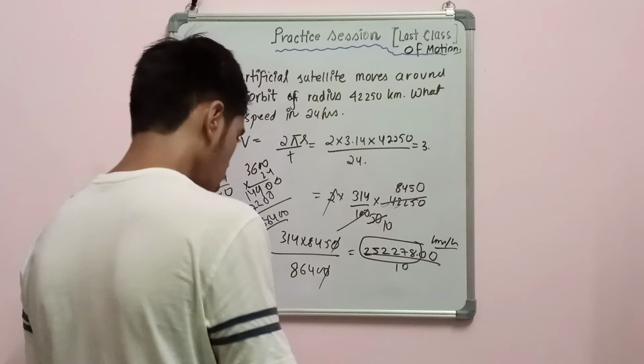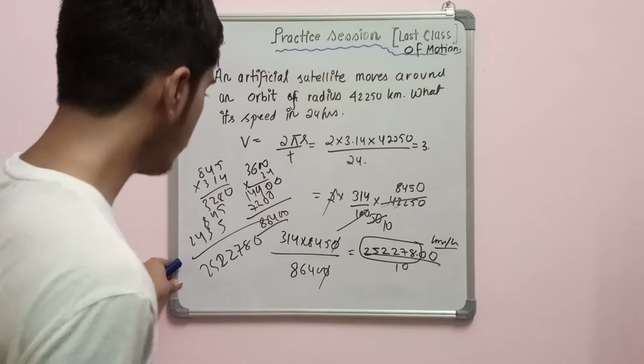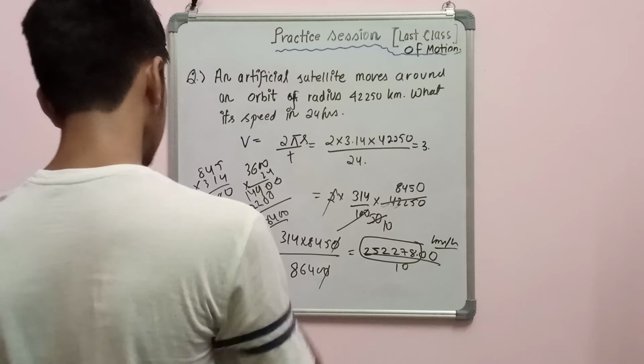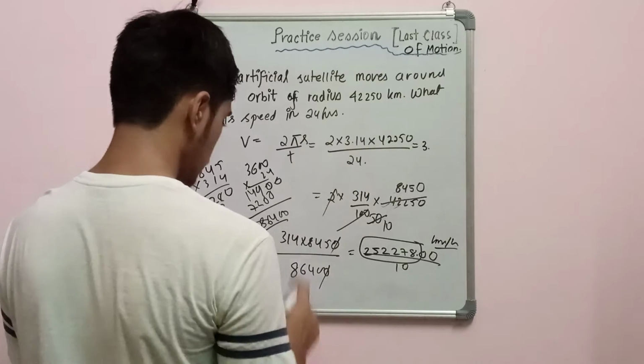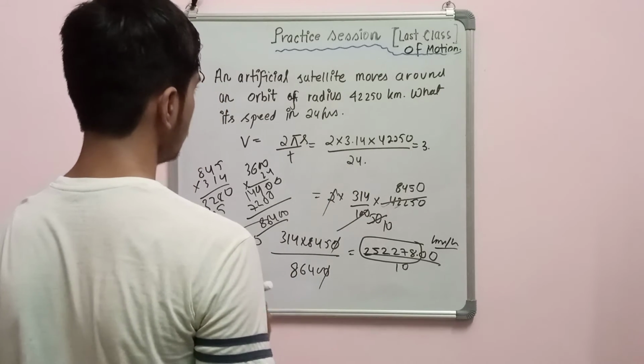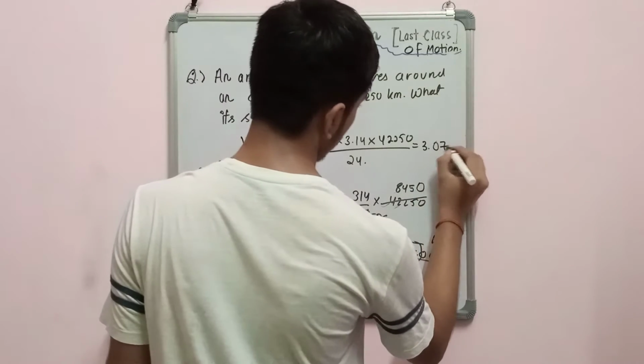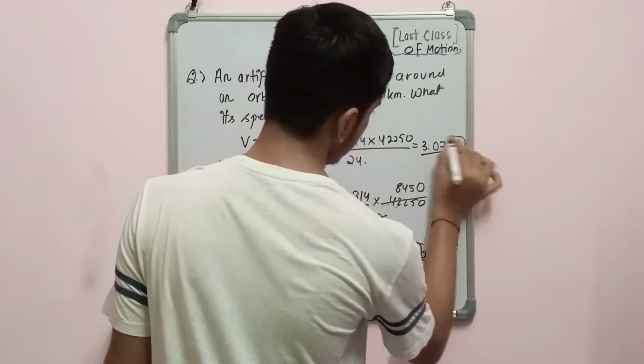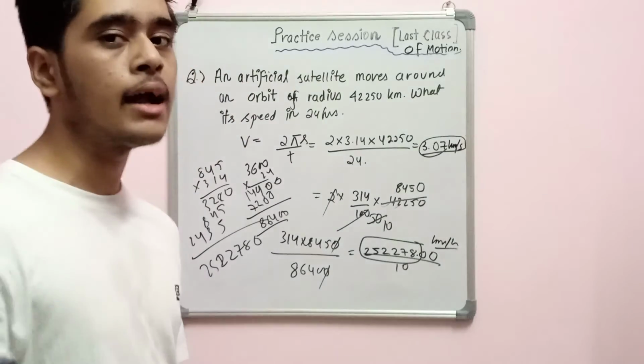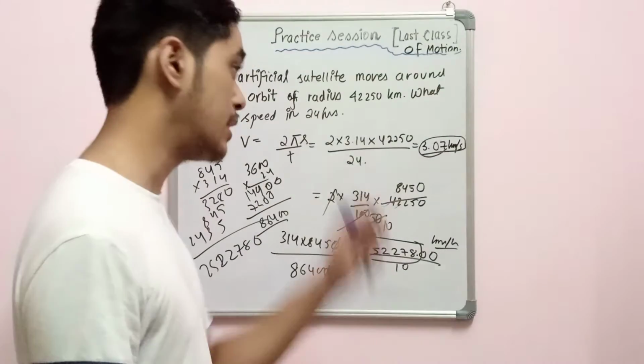Cancel it. You will get 3140 into 845. We have already calculated this, and this will be 3.0 kilometer per second. This is your answer in your NCERT book, and that is correctly mentioned. That is not wrong. That is correct.